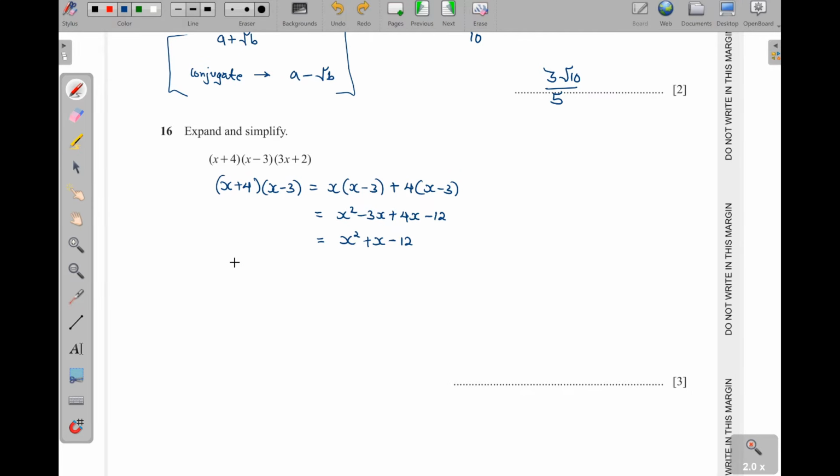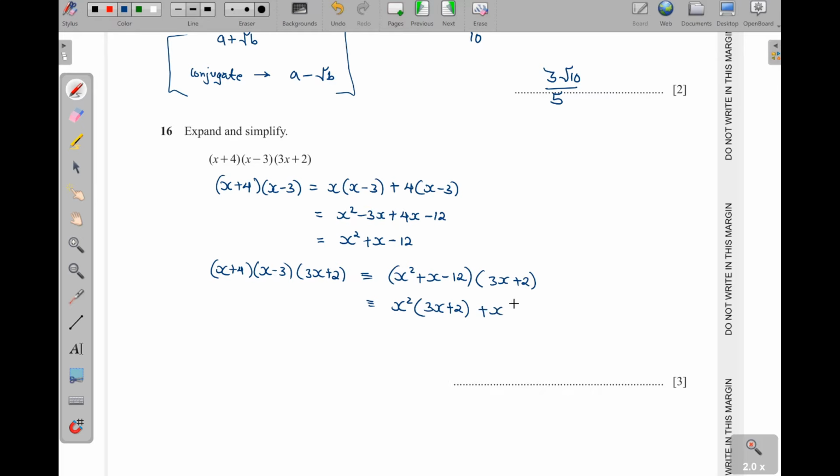Okay, then from there, we shall have x plus 4 into x minus 3 into 3x plus 2. Now this one is going to be x squared plus x minus 12. Then we multiply by 3x, then plus 2. Whatever is in the first bracket must multiply with whatever is in the second bracket.